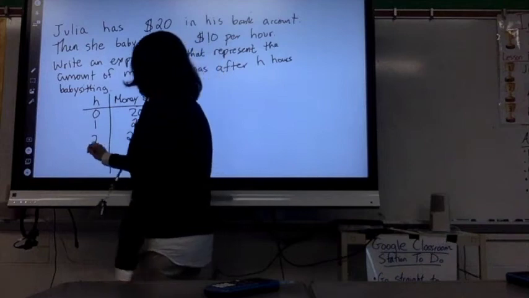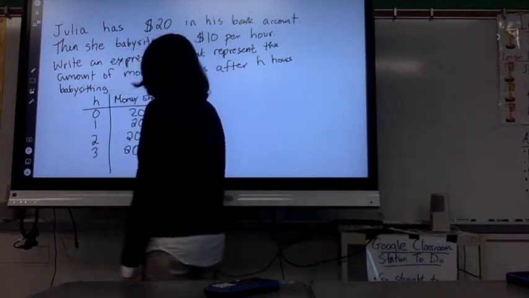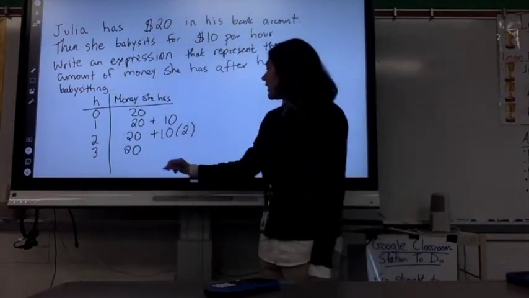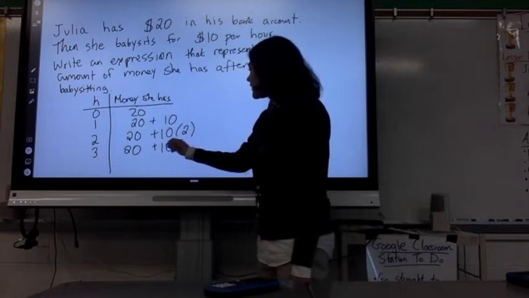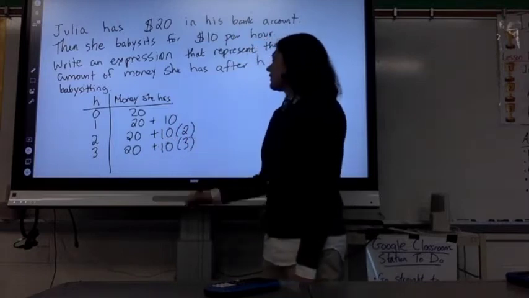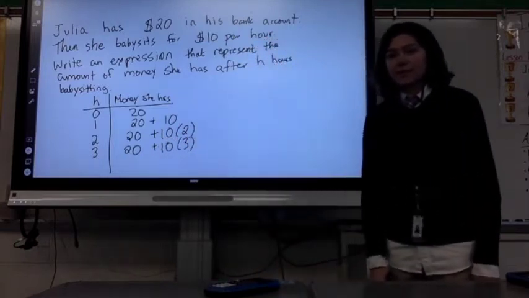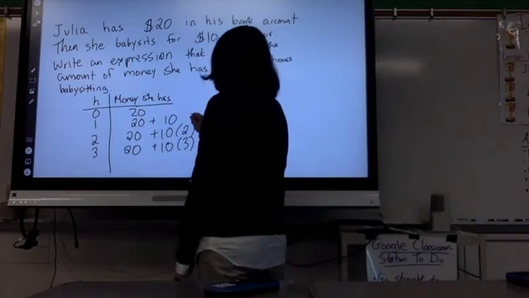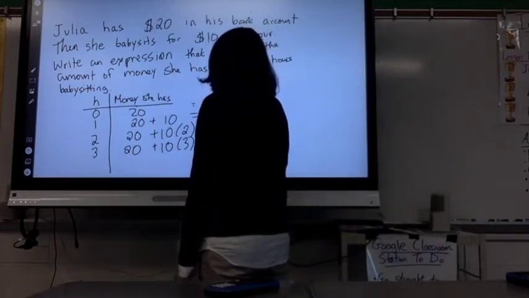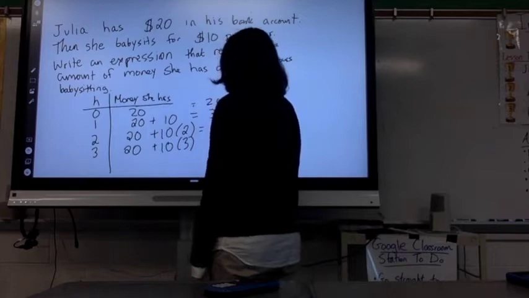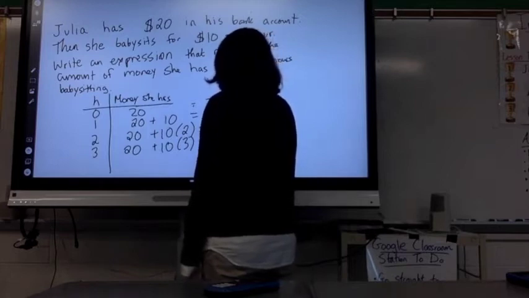If she babysits for 3 hours, she has that $20 in her bank account, and then she gets $10 times 3 for each of the 3 hours she's working. So this is going to end up being 20, 30, 40, and 50.